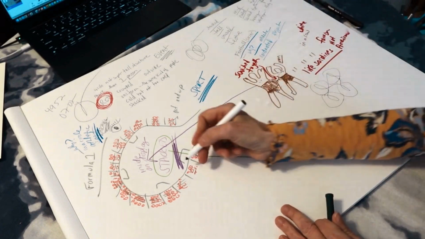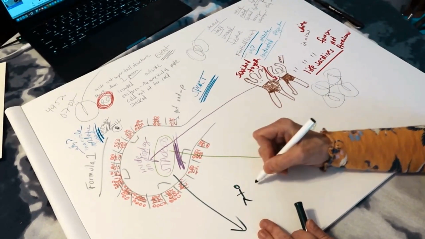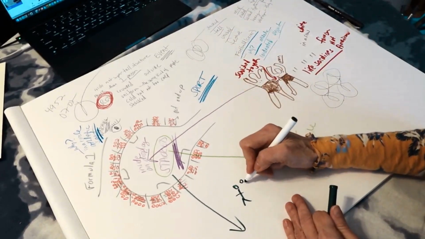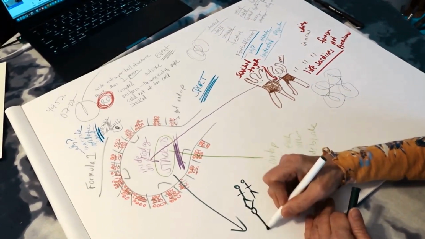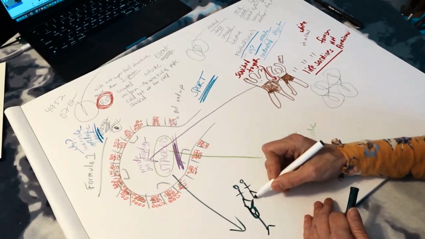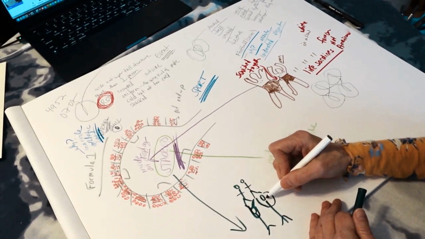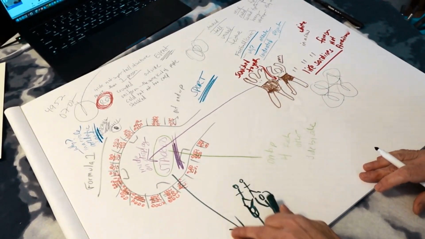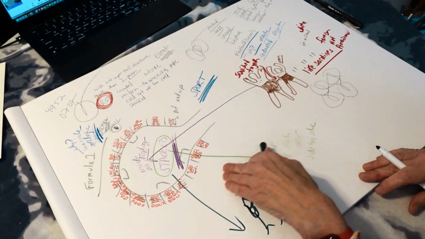In the middle here, now we're going to stick figures because it just gets too complicated. They're holding him up. That's what's happening. There's a bunch of them, and they're holding them up.